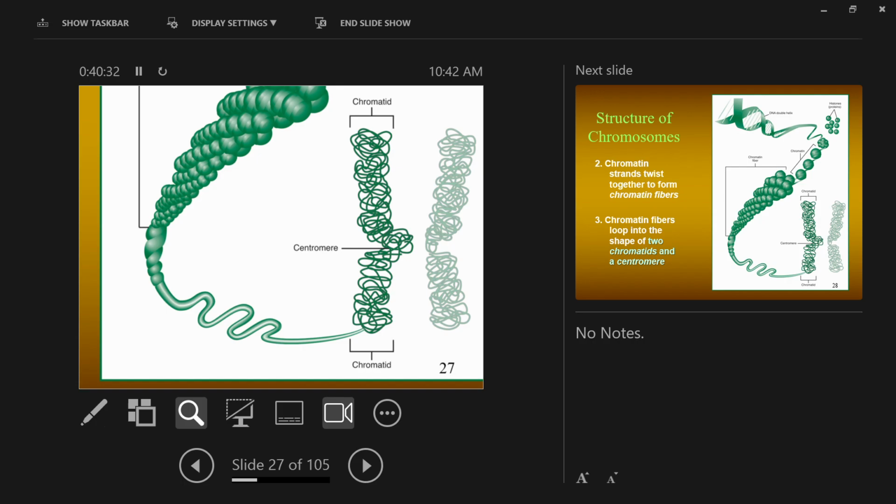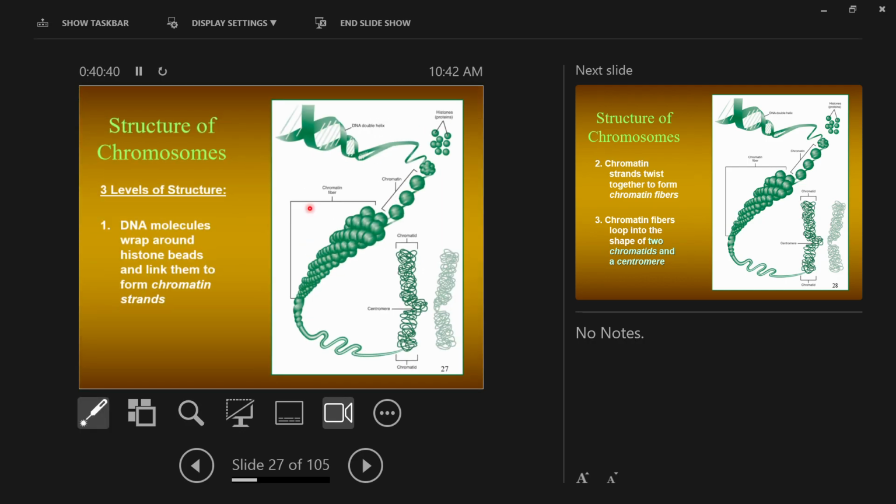Those squiggly lines: we're taking this and zooming out, and it's all packaged up, squiggled up there. This is that, and that is that. Got it. Yep. Good.